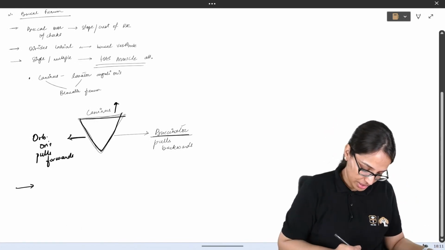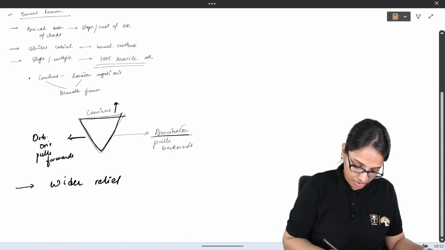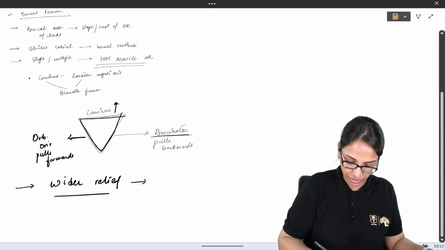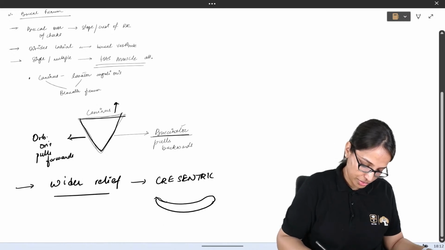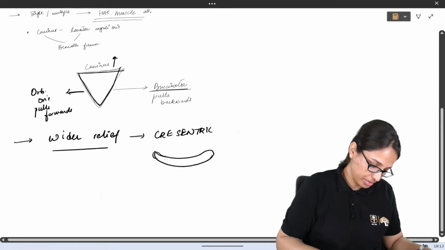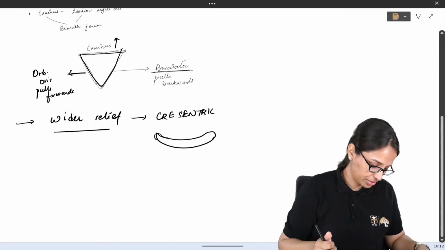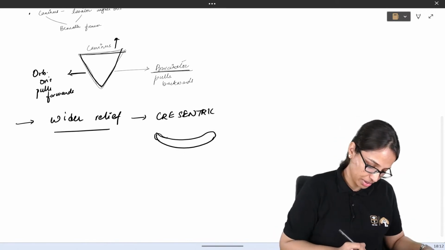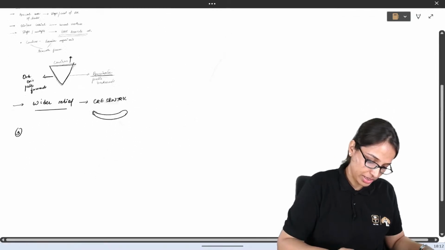That is why you need a wider relief for your buccal frenum, or you call it a crescentric. That means it is like a crescent. So you need a wider relief for your buccal frenum because otherwise, if you don't give it, it is going to dislodge your denture, right? So that is about your buccal frenum. The third limiting structure that we have to take into consideration.